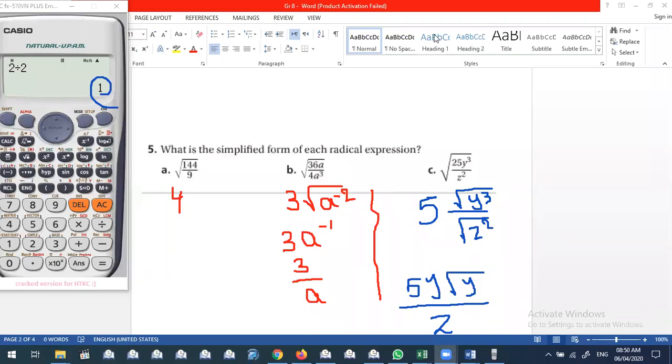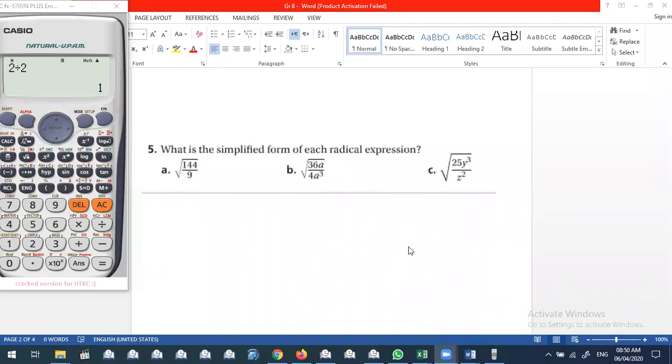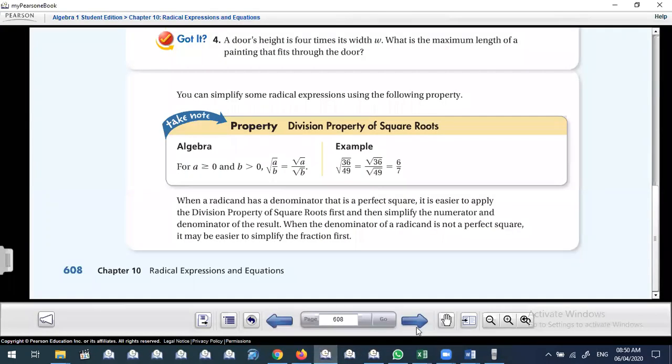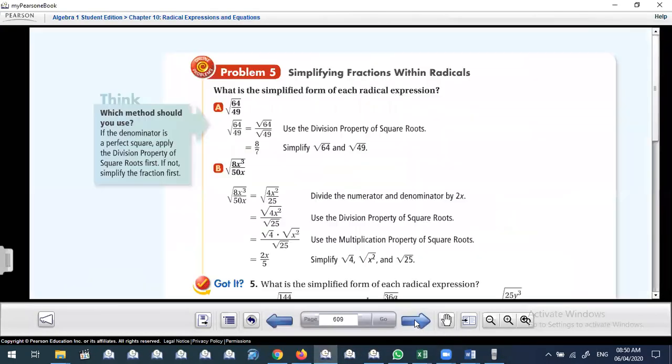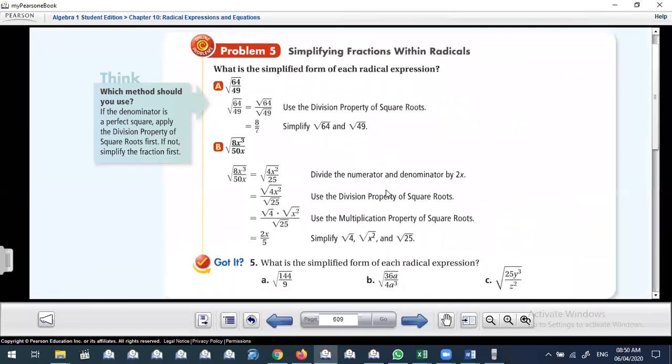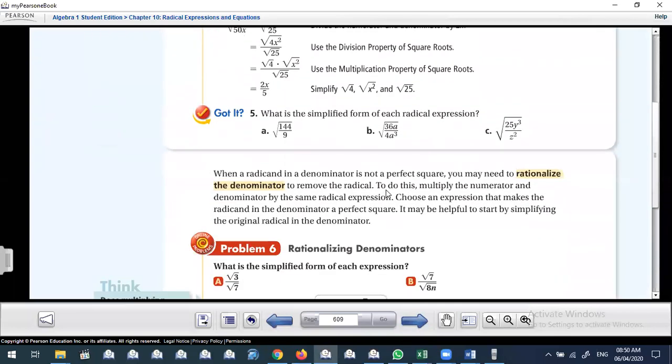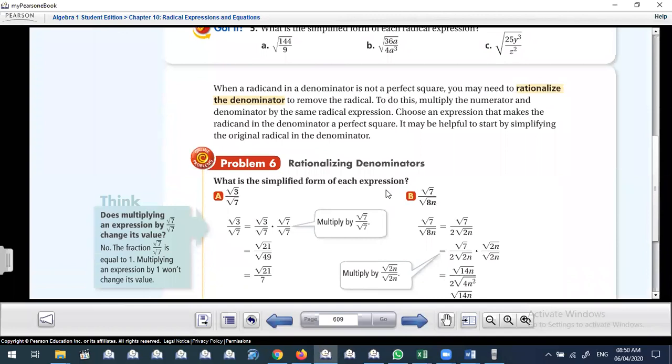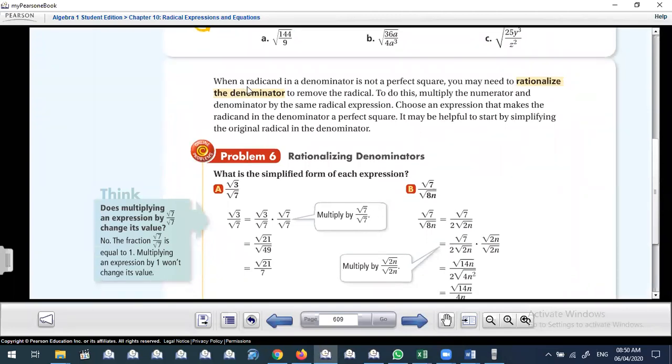Let's move to another part of this lesson, which is when a radicand in the denominator is not a perfect square.